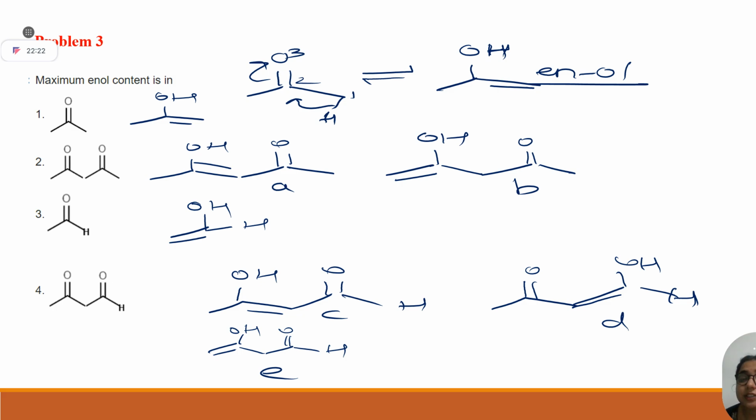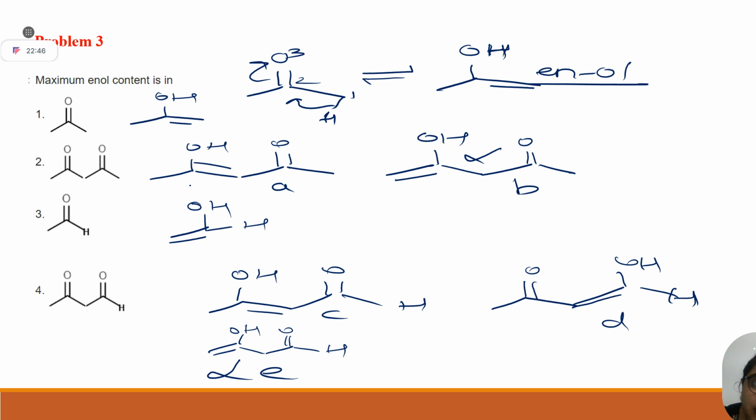You have to check the stability of the enol by checking the stability of the alkene formed, right? If you see here, conjugation is not there, so it is out, and here also conjugation is not there, it is out. So now you have to compete A, C, and D. In A also there is conjugation with carbonyl, conjugation with carbonyl.